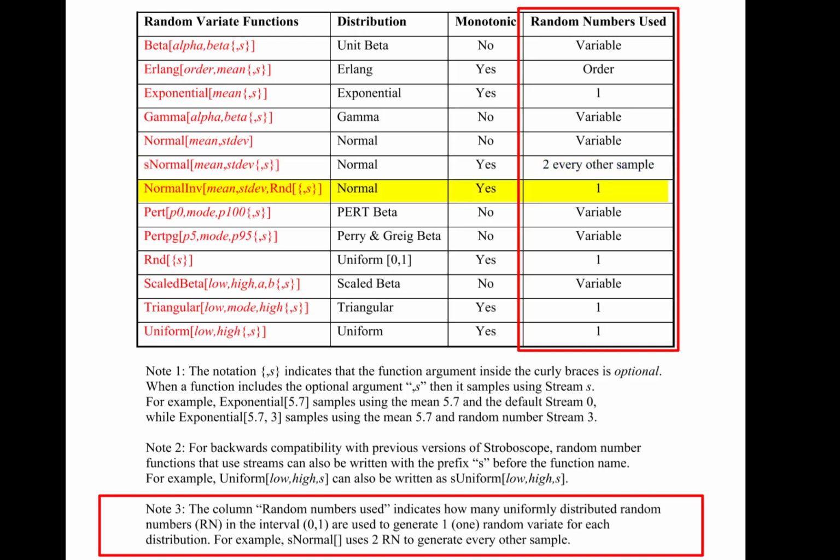If we use the normal inv function, to which we supply the mean, the standard deviation, and a random number, then we can make sure that only one random number is used to generate one random variate from the normal distribution. Which version of the normal distribution we use depends on which variance reduction technique we would like to use.